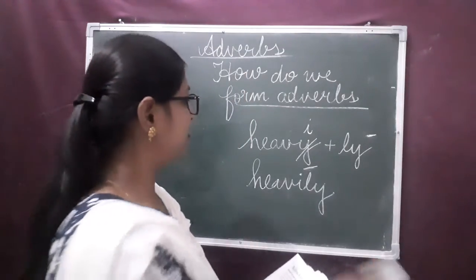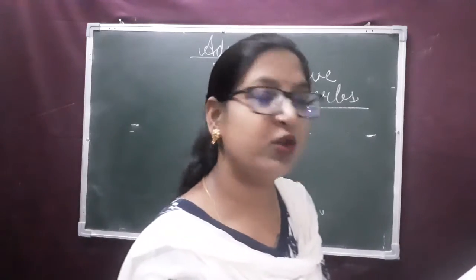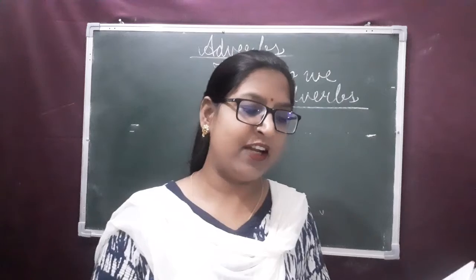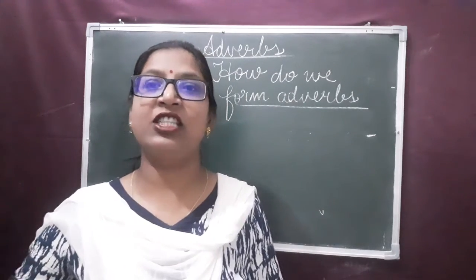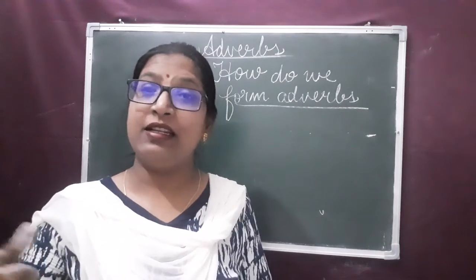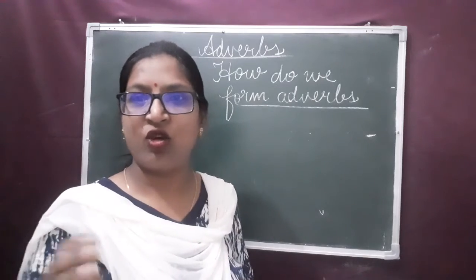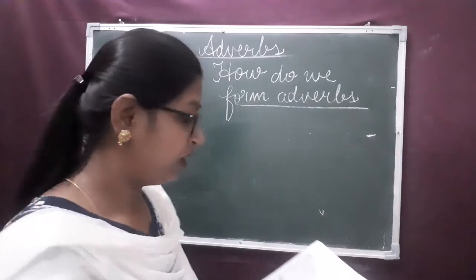Next rule is: most words ending in l simply add the ly in their adverbial form. We can see in the spelling in adverbial form the l is doubled. We do not drop anything, we just add ly with it.